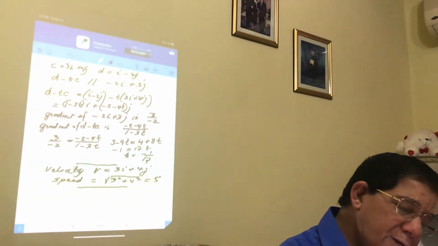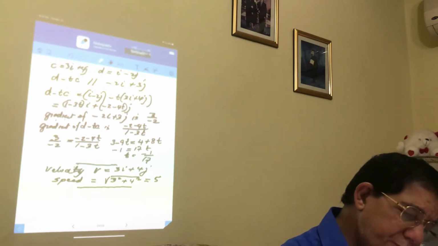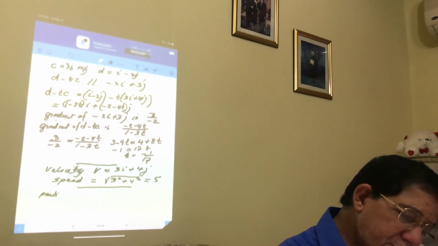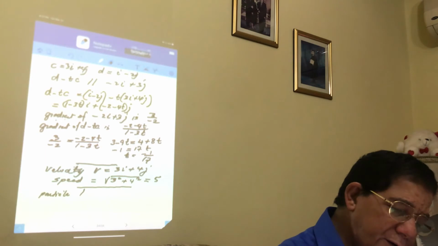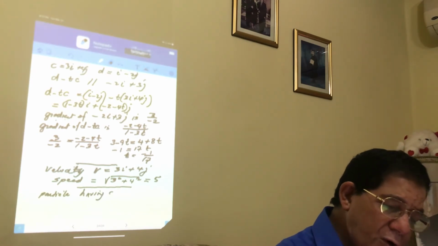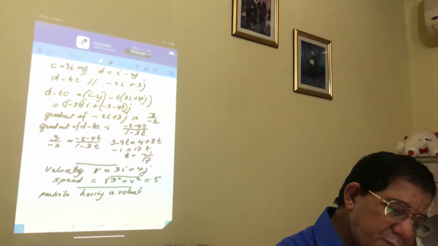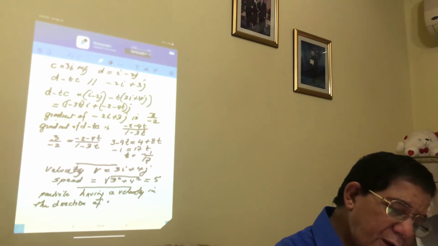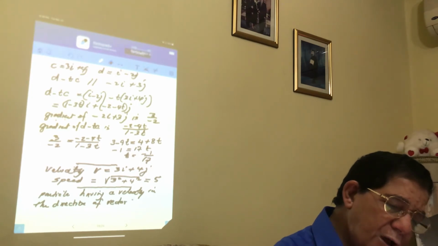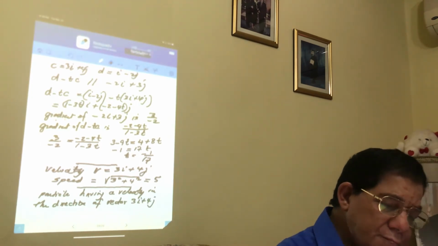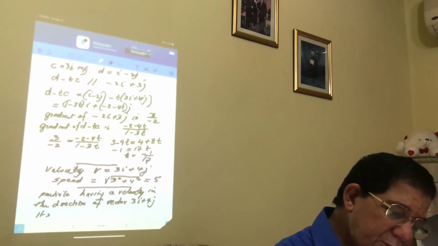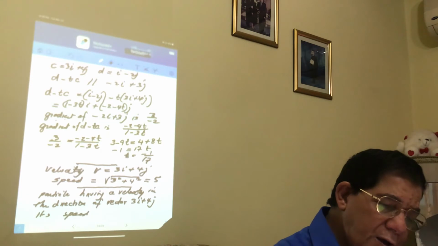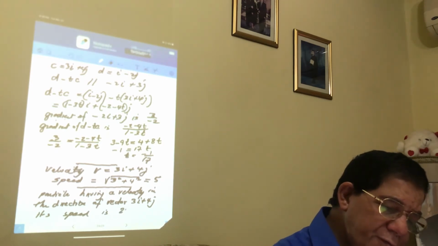If I have a question like this: a particle having a velocity in the direction of a vector 3i plus 4j, its speed is 25.